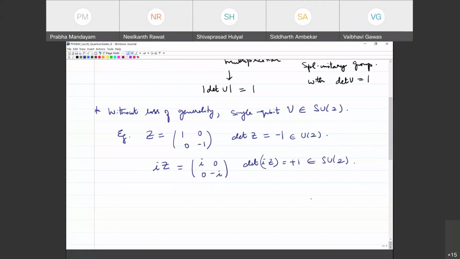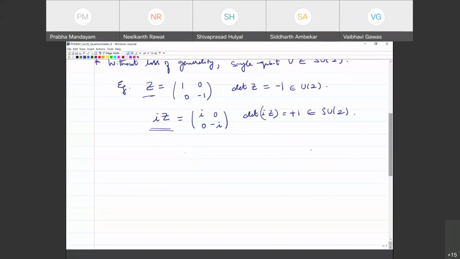But now, how do we argue that I can, without loss of generality, talk about iZ instead of Z? Because the gate action is the same, right? When I input an arbitrary superposition of the form alpha 0 plus beta 1, and the gate that I have is the iZ gate instead of the Z gate, what is the output?